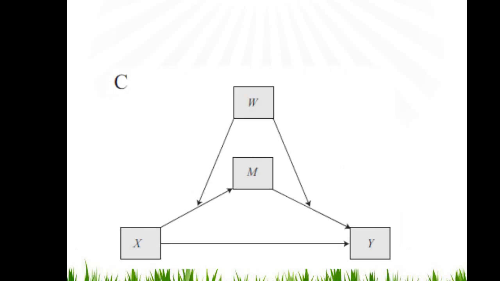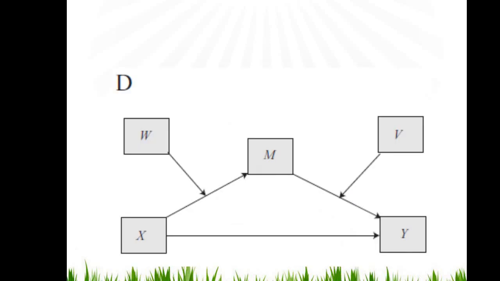Model C. Here in this case, the moderator is affecting not only the relationship between X and M, but also the relationship between M and Y. In model D, there are two moderators.